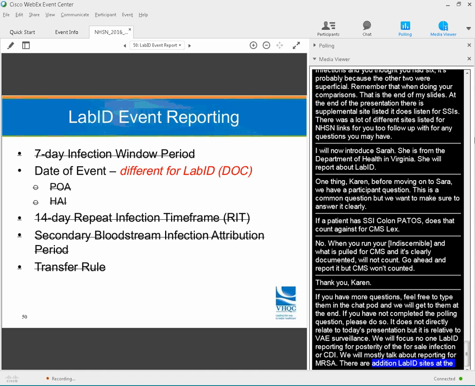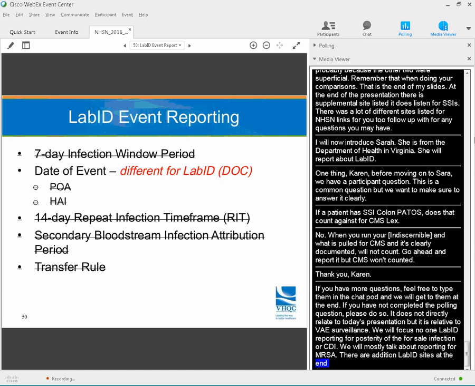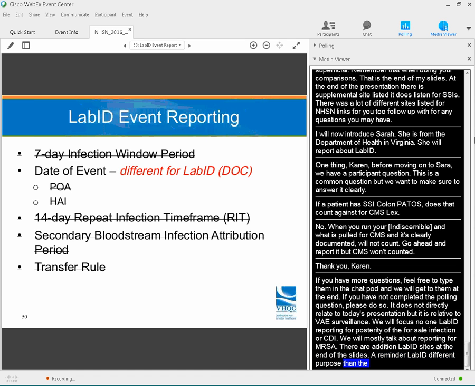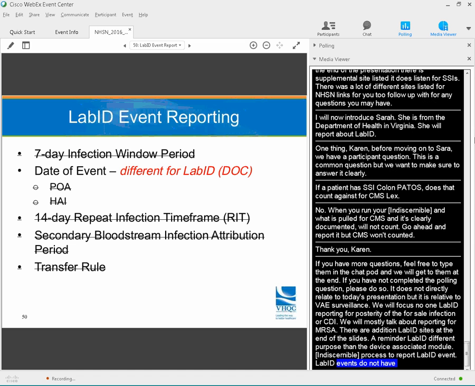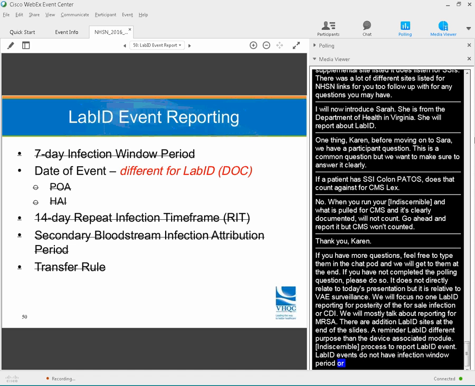A reminder that the lab ID module has a different purpose than the device-associated module, and there is little thought process needed to report lab ID events. Lab ID events do not have infection window periods or RITs or secondary BSI attribution periods, and the transfer rule does not apply to lab ID reporting, which we will touch on in the next slide.